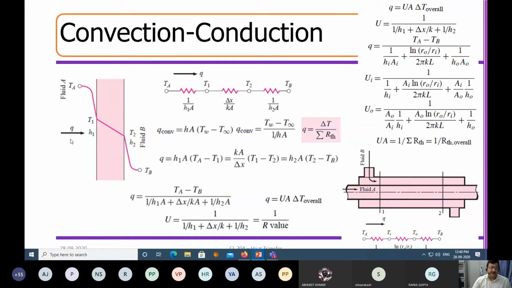In this sort of situation, I can see that this heat transfer process is basically undergoing energy dissipation through three different resistances. One is in the inner fluid because of its boundary layer, one is in the outer fluid because of its boundary layer, and one is the pipe wall. And how do I define delta X by K? I was defining the resistance with respect to conduction.